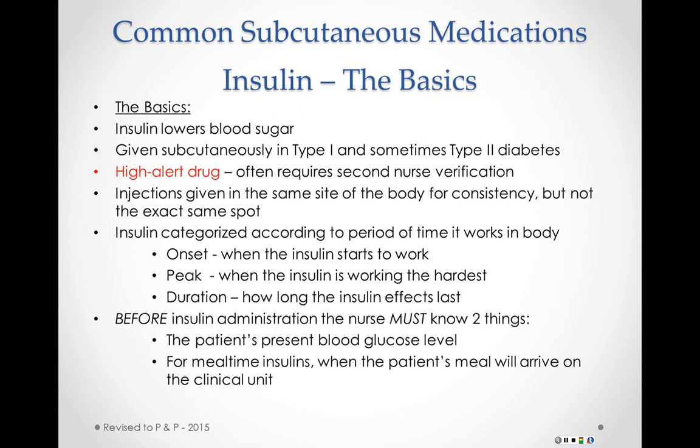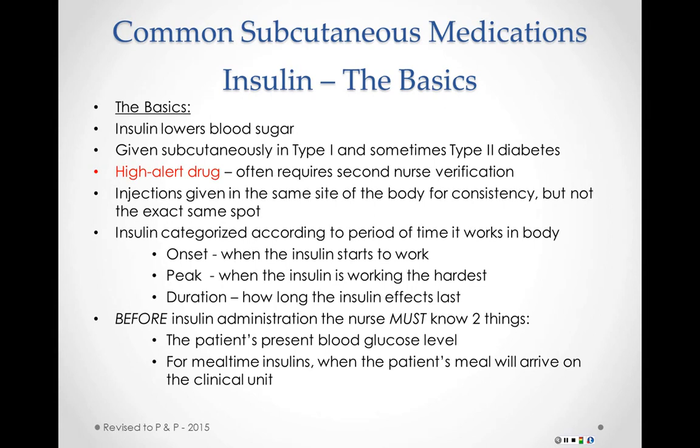Insulin is a very common subcutaneous injection. Here are some basic facts about insulin that will help you manage it safely. Insulin lowers blood sugar. It is given in type 1 and sometimes type 2 diabetes. Insulin is classified as a high alert medication.